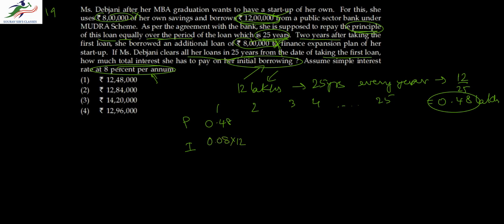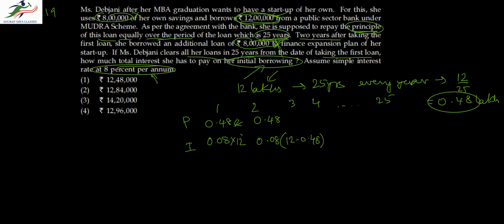This is the interest amount. And then in the second year, she'll again pay 0.48 lakhs as the principal amount, and she will pay an interest of 8% on the amount that was remaining after repaying 0.48 in the first year, which means 0.08 of 12 minus 0.48.